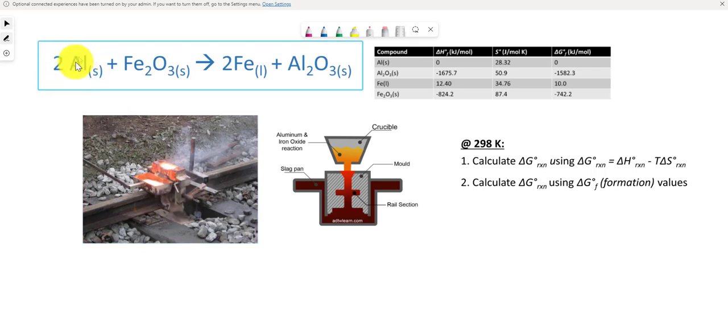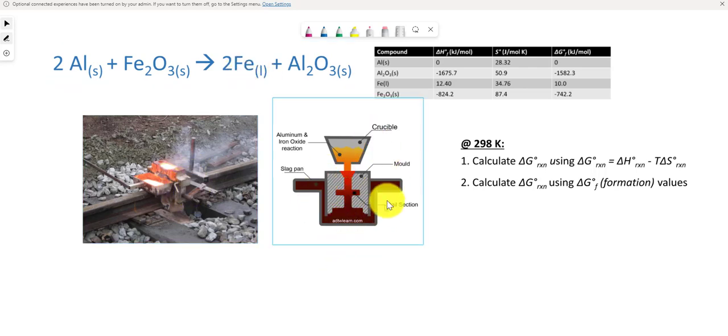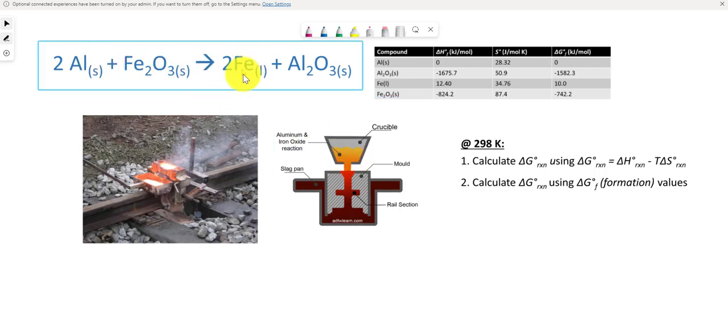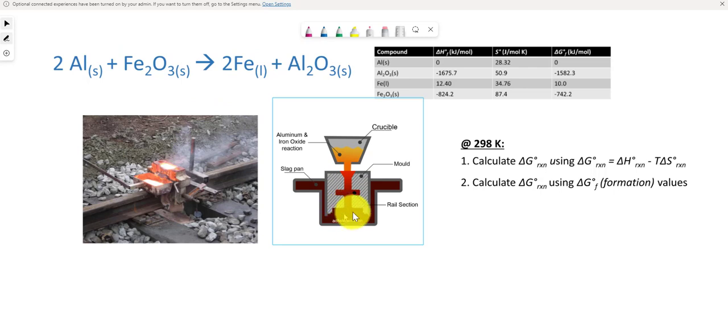And so you literally can bring out powdered aluminum and powdered rust, and you can get on-demand liquid iron. And they just create a ceramic mold around the rail section here, and you mix these things in the top part of this in the crucible, and when the reaction gets so hot, it turns this into liquid iron. It flows down in, and then it solidifies.